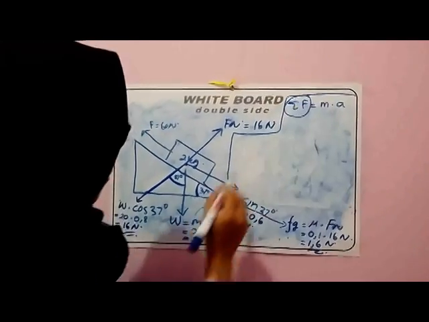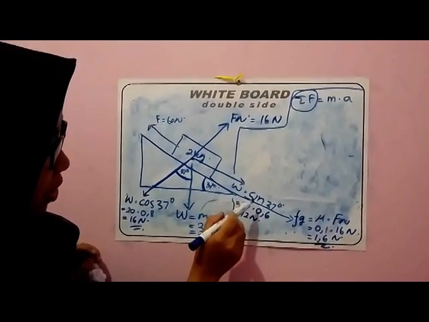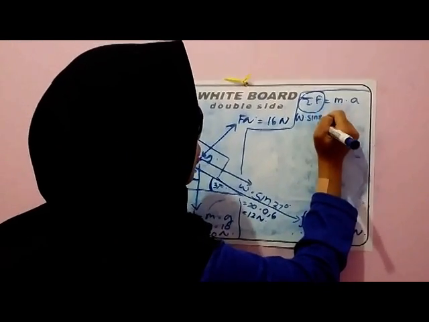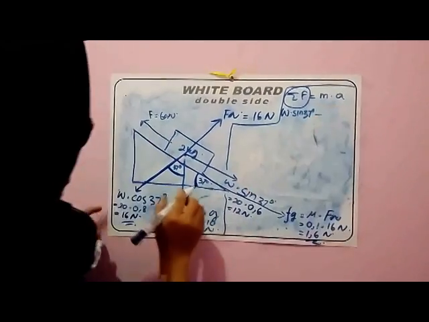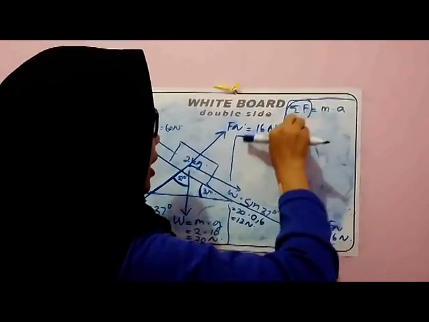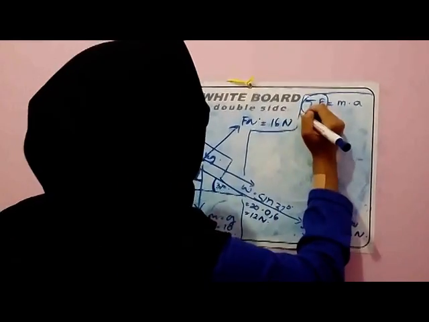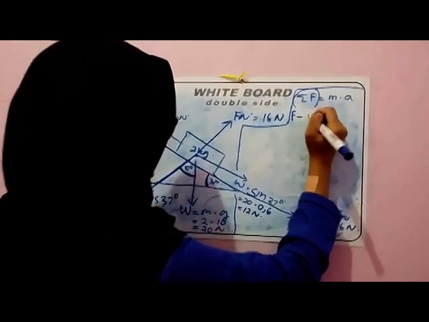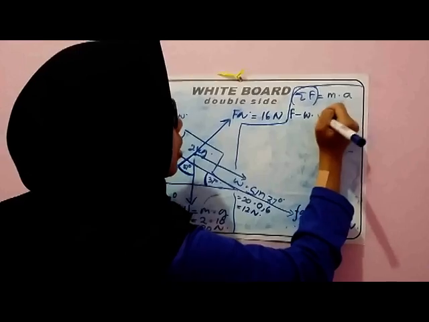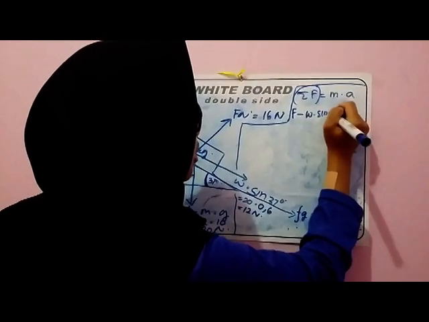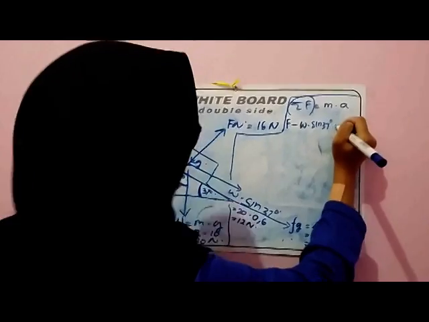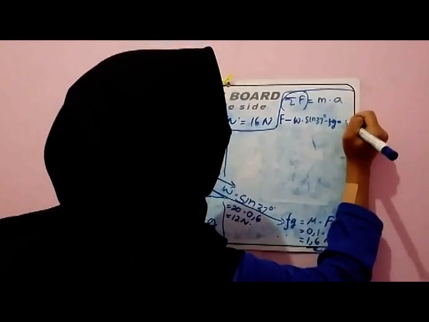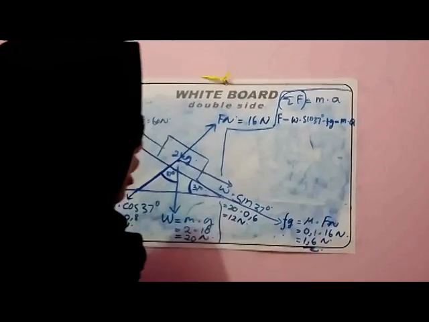And the total force is the force minus W times sin 37 degrees minus friction, which is equal to mass times acceleration.